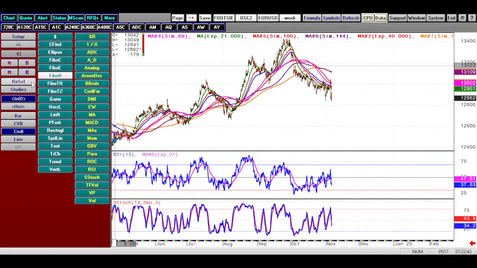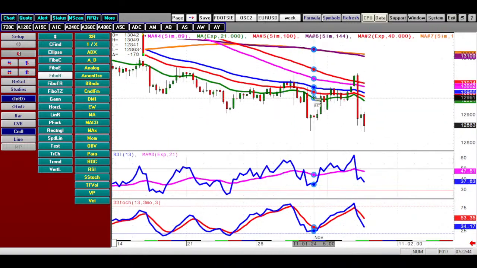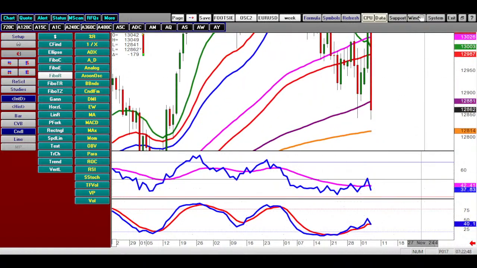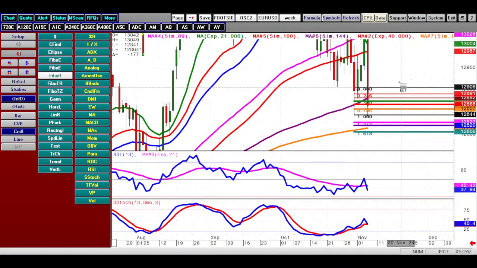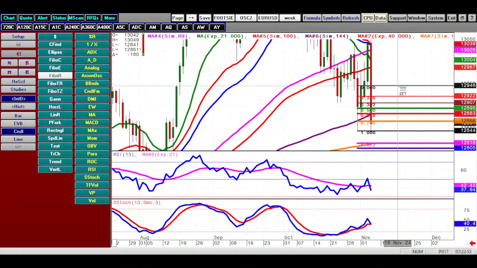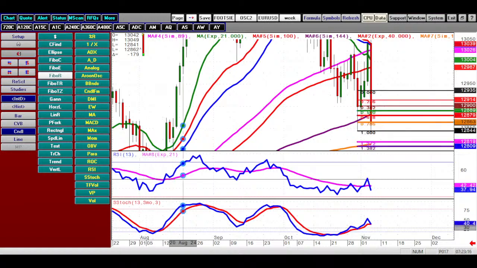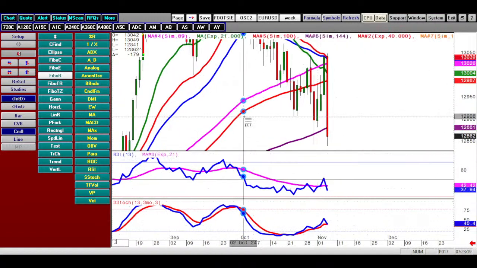Same scenario, I think. The price is making lows, and we should see the price breaking this low at least 2805. Okay, 2805 as your target, but your 40 must break.